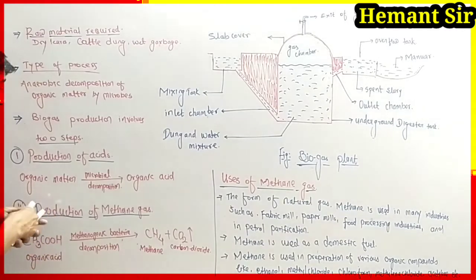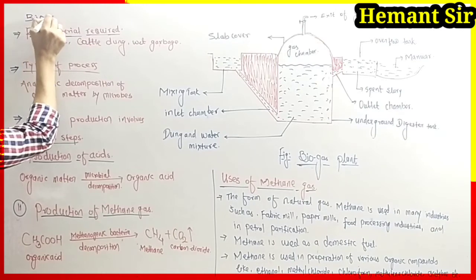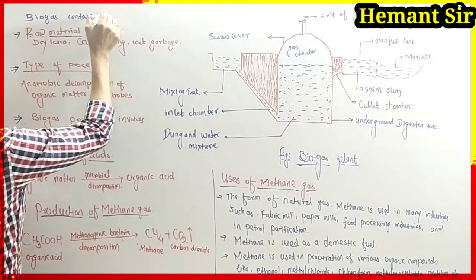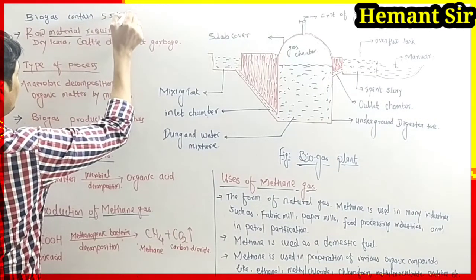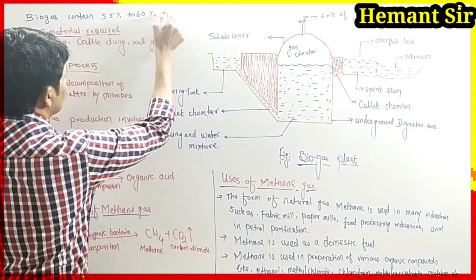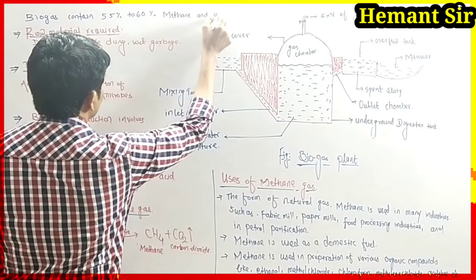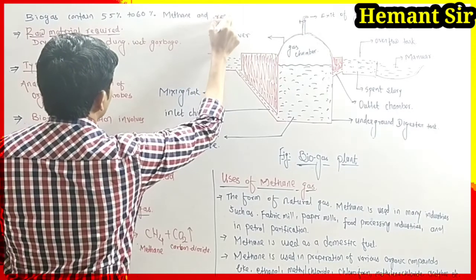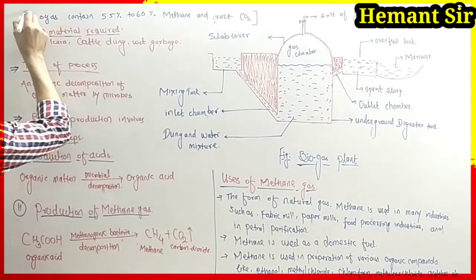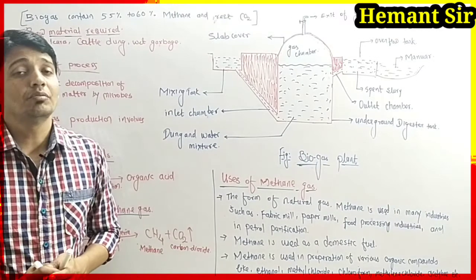So, a very important point that we have to write: biogas contains 55% to 60% methane gas, and the rest is carbon dioxide gas. It is very important that you remember. So we have to first understand the construction of the biogas plant.